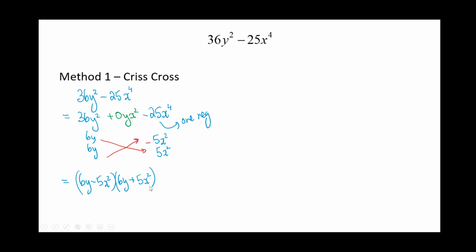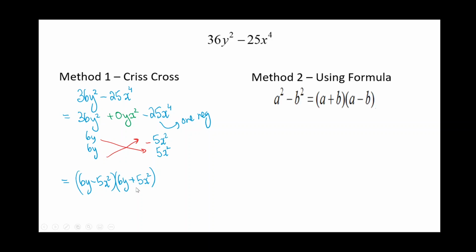Looking at this, there's a pattern. There are identical terms here as in the second factor, except the sign is different. So for a difference of squares, it always follows this pattern, and this is where the formula comes from. Using the formula, we need to identify what is the a squared and what is the b squared.